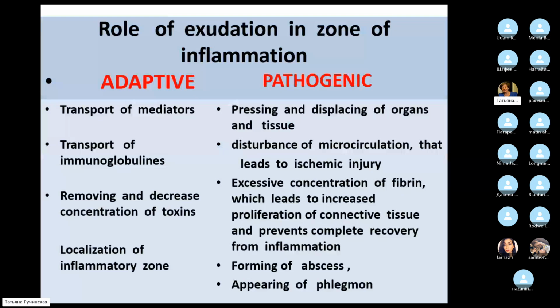What about the role of exudate in the zone of inflammation? It may be adaptive or pathogenic. What will be adaptive? In the fluid in interstitial space, it is easier for mediators released from the cells to be transported to the region of inflammation.